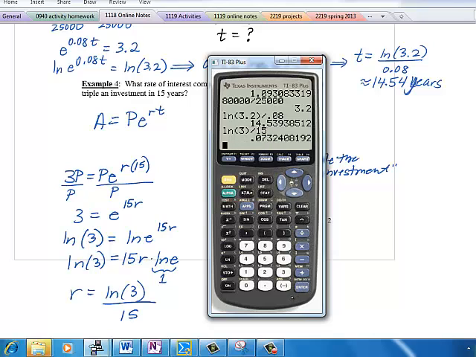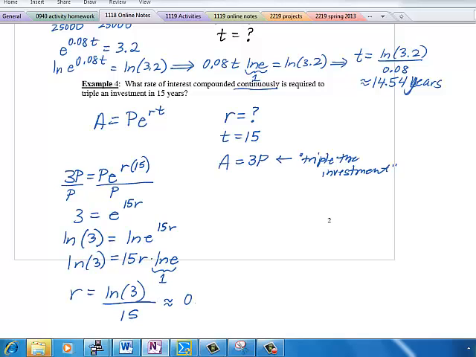About 7.3%, we'll say. So we need a rate of about 7.3% to triple our investment in 15 years.